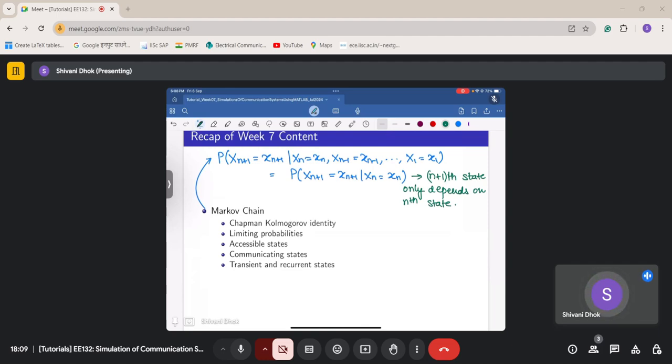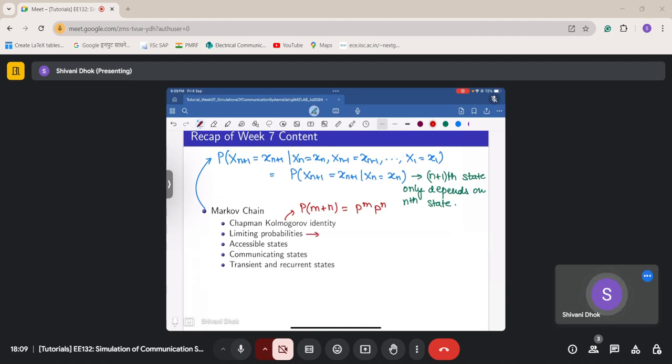Then we looked at the Chapman-Kolmogorov equation. It said that if we look at the transition matrix like this, it will be equal to P to the power m into P to the power n. Then we looked at limiting probabilities.